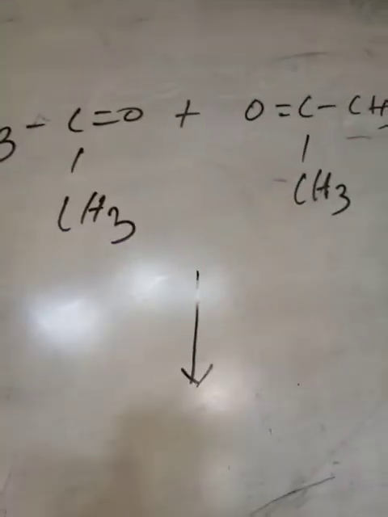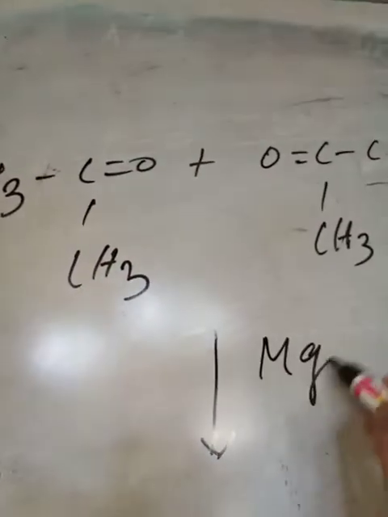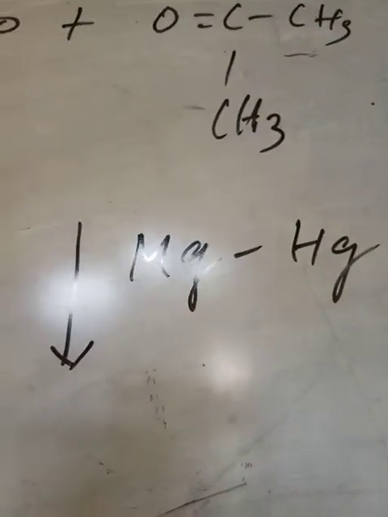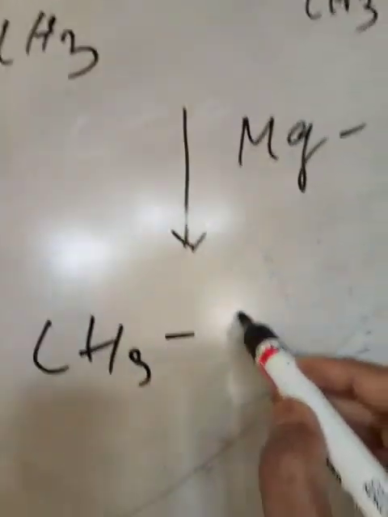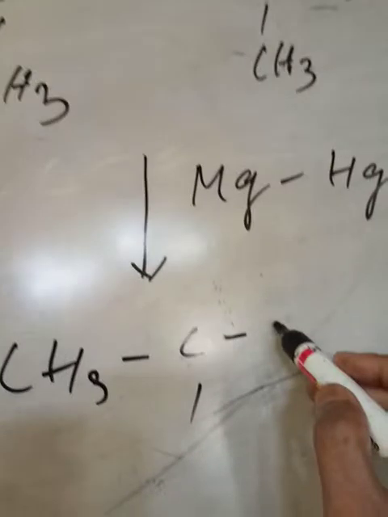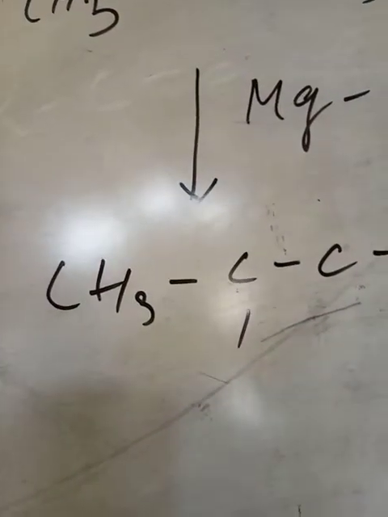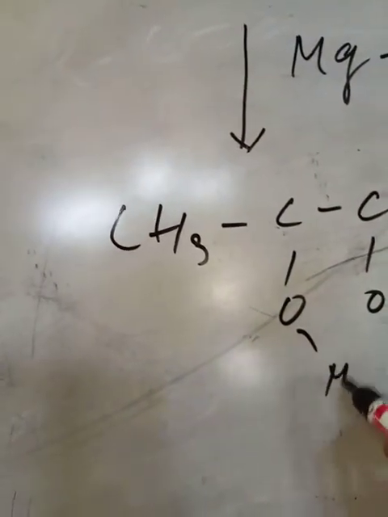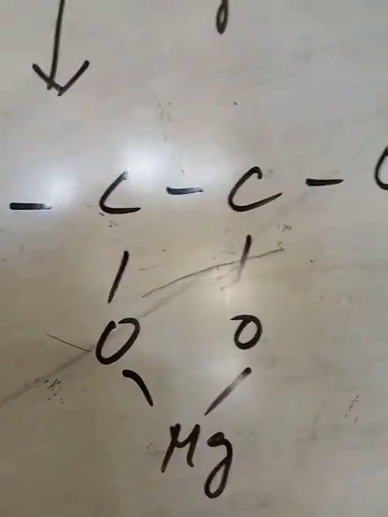I am taking two molecules of ketone. These two molecules of ketone in benzene medium, when heated with magnesium amalgam, also a reducing agent, then you will get an additive product like this. This is an additive product.